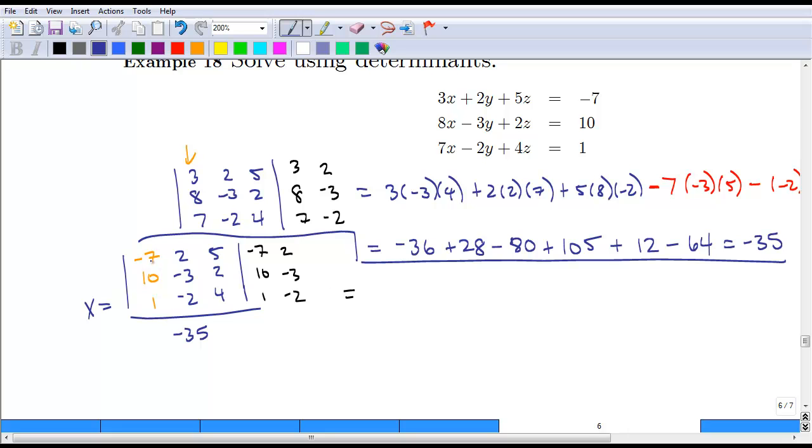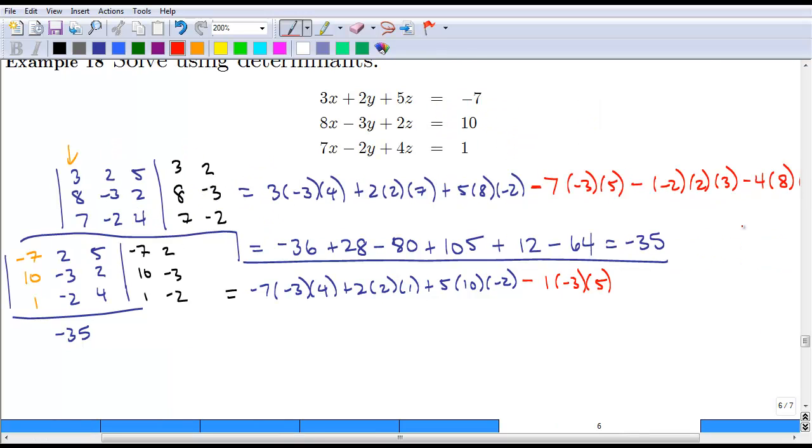And we are going to end up with negative 7 times negative 3 times 4, plus 2 times 2 times 1, plus 5 times 10 times negative 2. For the diagonals going up, we're going to have minus 1 times negative 3 times 5, minus negative 2 times 2 times negative 7, minus 4 times 10 times 2.